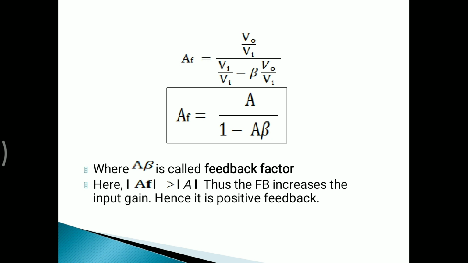This formula is called the gain of the amplifier with positive feedback, where A into beta is called the feedback factor and beta alone is called the feedback fraction.